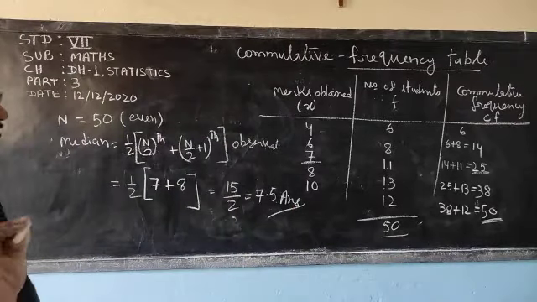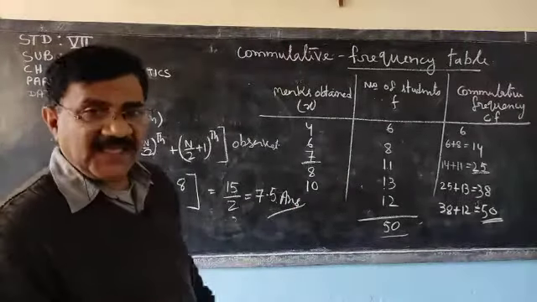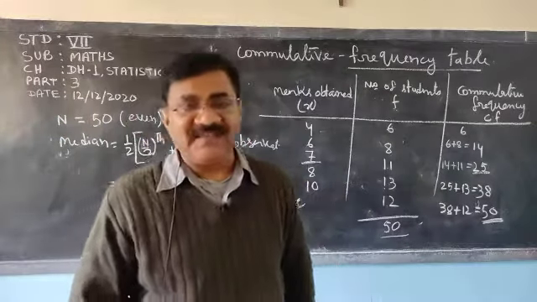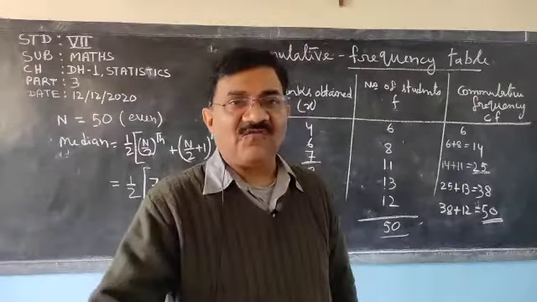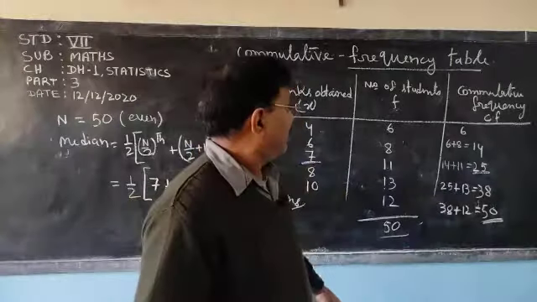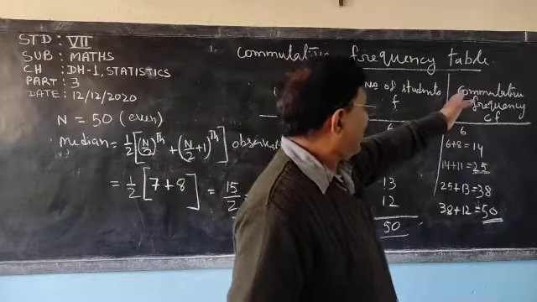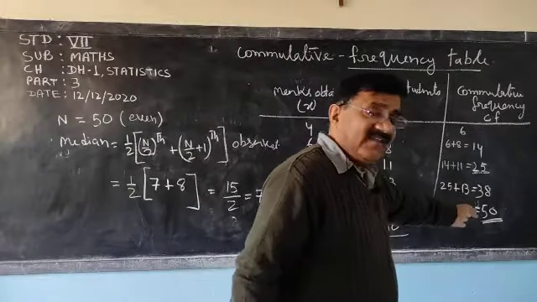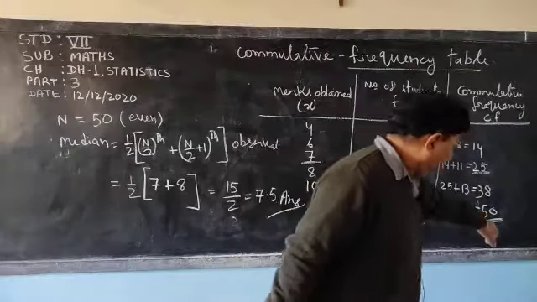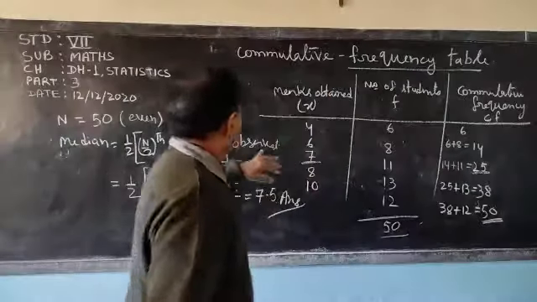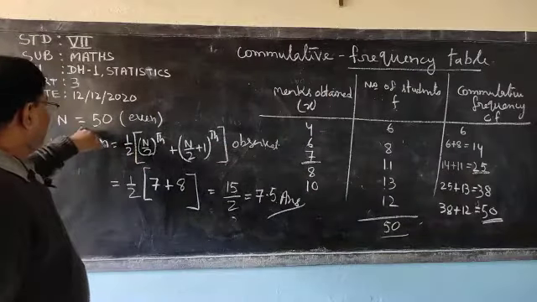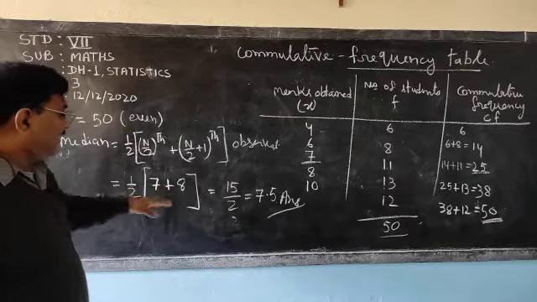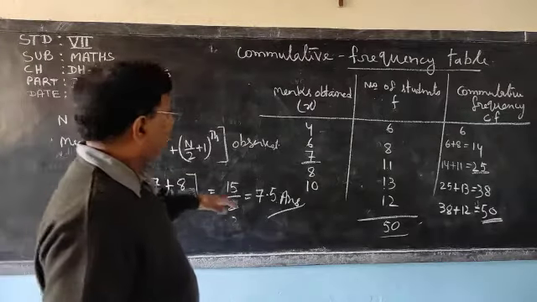Once more try to understand. If a frequency distribution table is given, if frequency is given and you are asked to find the median, then find the cumulative frequency. When you write the cumulative frequency, this total will be capital N. So capital N is 50, which is even, and for an even number use the formula.